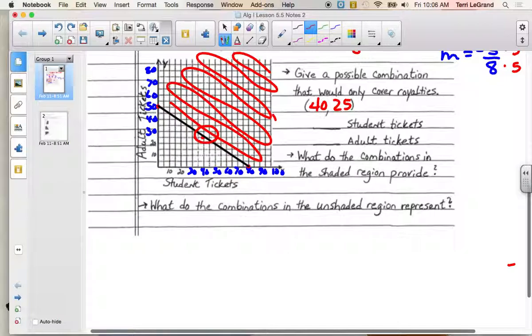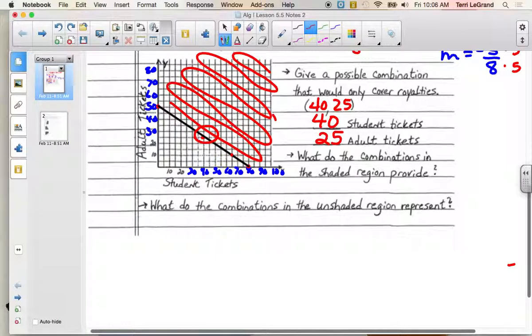Okay. Think you know another one? We're not going to write it down, but we got to put this part that I hadn't written yet. 40 student tickets, 25 adult tickets. Give me another one. 65, 10. Okay, it looks like there might be a point right there. Let's check it out, see if it works. What's 65 times 5? 325.